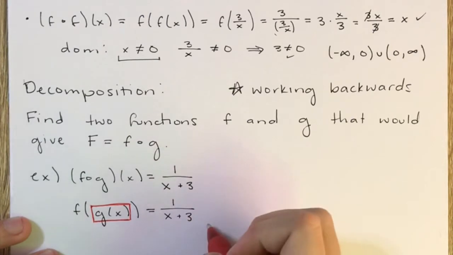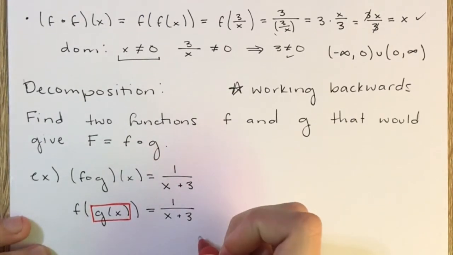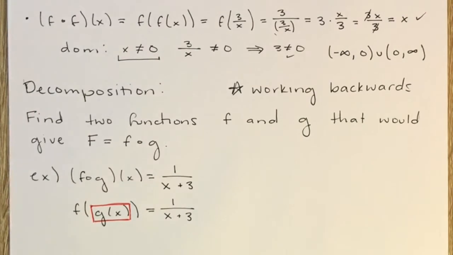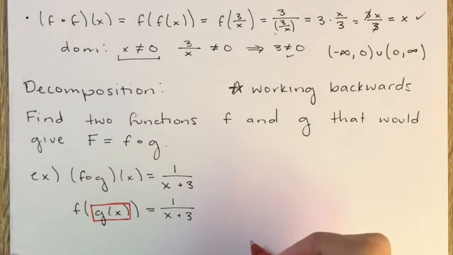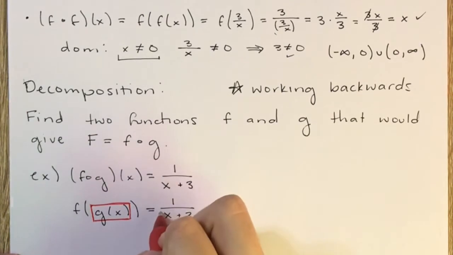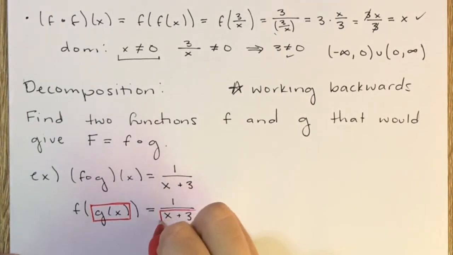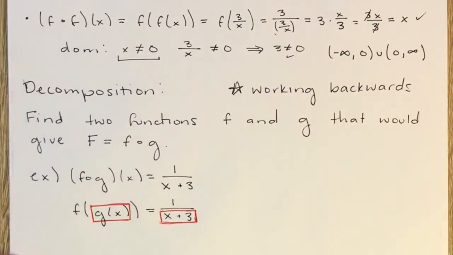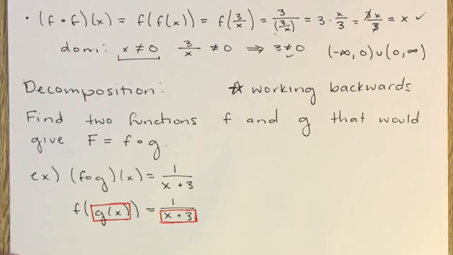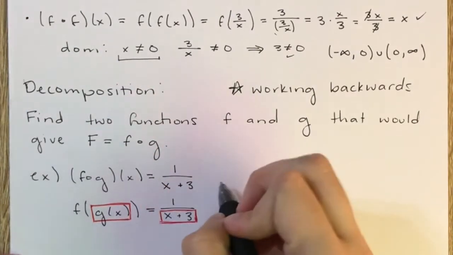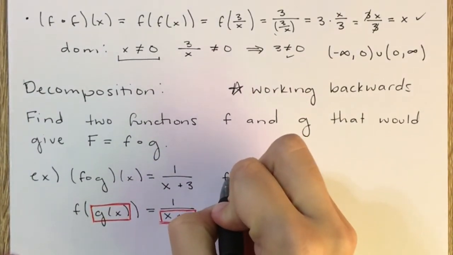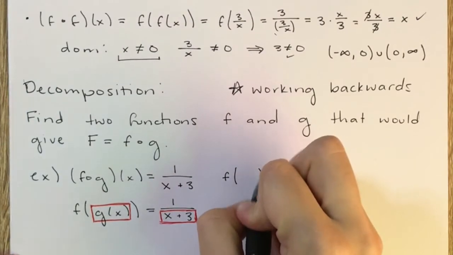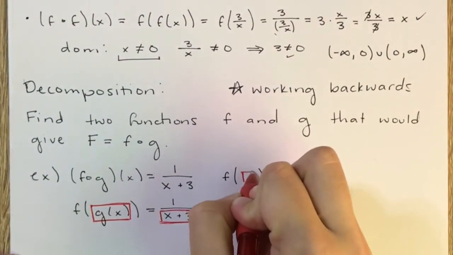So what over here looks like it could be my inside function, right? We want to start with x and work outwards. What is inside here? Well, a good place to start would be this x plus 3, right? If x plus 3 is my inside function, then what have I done? If I carry this over, we can just think about this as like a box, right?